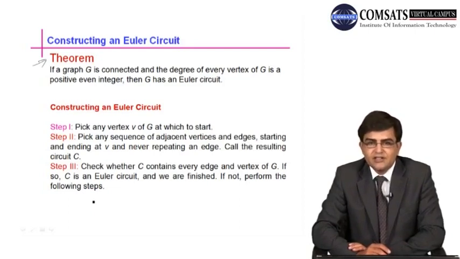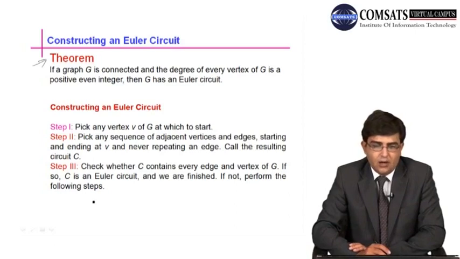If these 2 conditions are satisfied, then there must be an Euler circuit in that graph. So now how to construct an Euler circuit in that graph? The first step is to choose any vertex v of G, where you have to start to construct the Euler circuit.